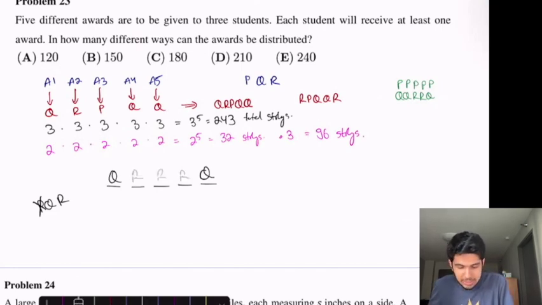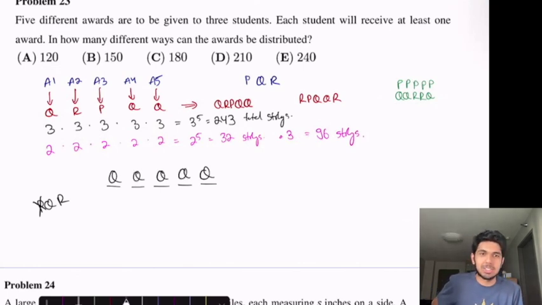But it's also possible that this case occurs, where the first choice we decide to give it to Q, the second one we also decide to give it to Q, and so on for all the other ones. In this case, 2 people are excluded, right? Which is not good.